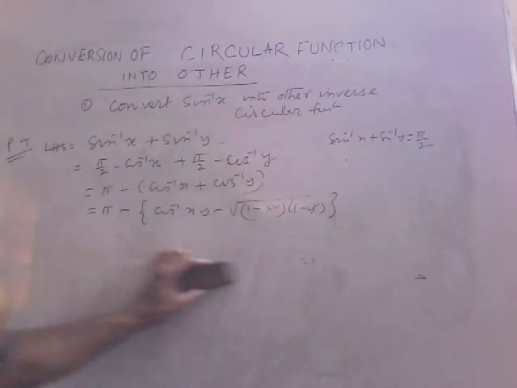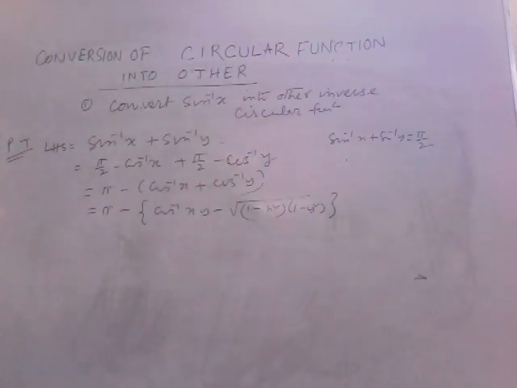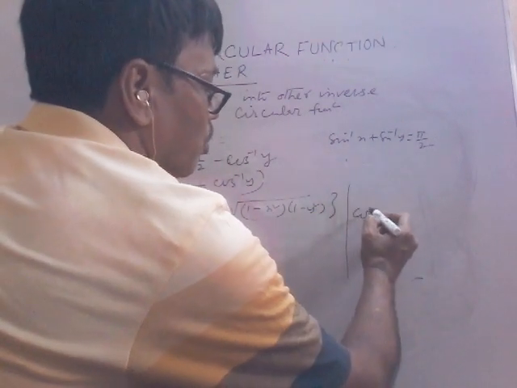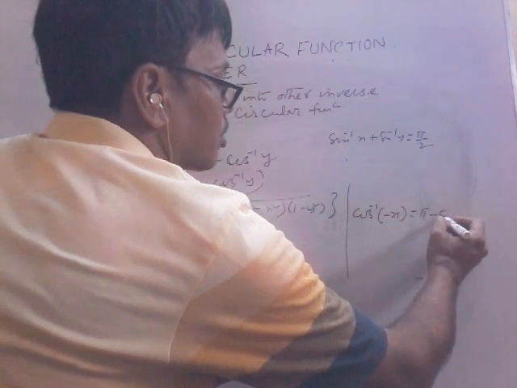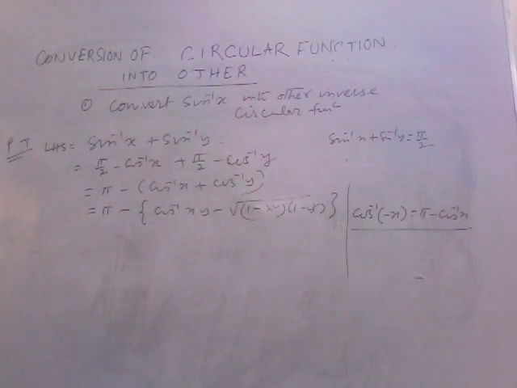This is the simplified form. But the answer is not given in this form. So you know there is a result: cos inverse of minus x equals pi minus cos inverse x.